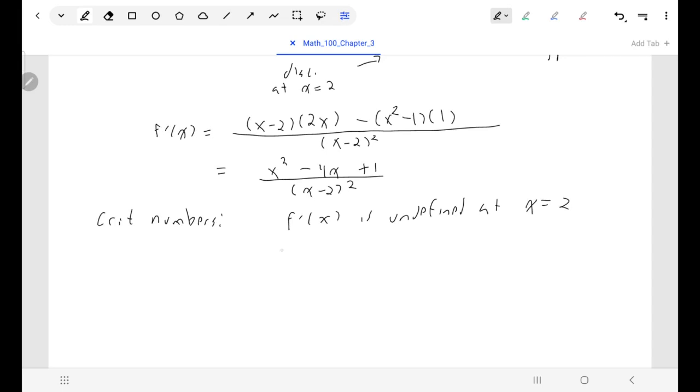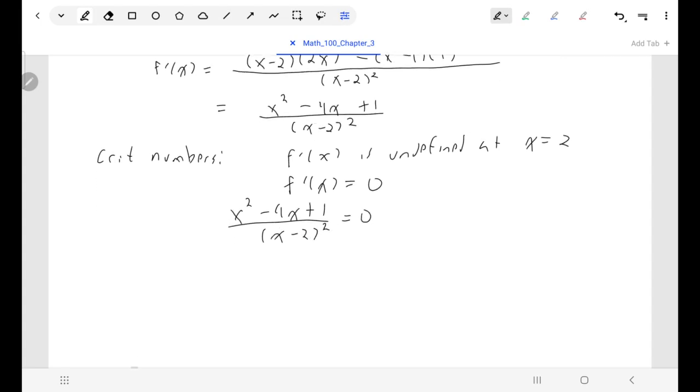The other critical numbers that we'd be interested in are where f prime is equal to 0. And for that, since it's a fraction equal to 0, we know that that only happens when the numerator is equal to 0. So really, what we'd be solving is x squared minus 4x plus 1 equals 0. That doesn't factor very nicely or at all, so instead I would say use the quadratic formula.